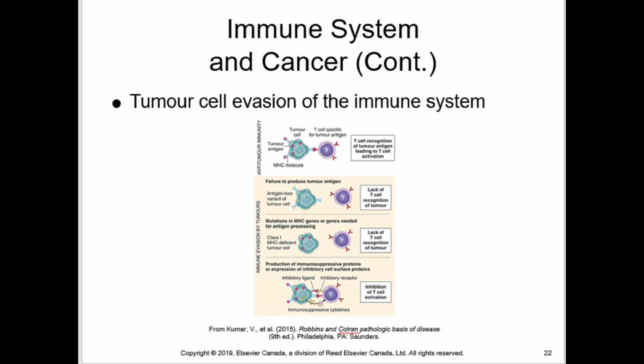You may have mutations or downregulation of that major histocompatibility class genes that are typically required for antigen processing, or you may have the production of immunosuppressive proteins or an expression of inhibitory cell surface proteins that actually are able to inhibit T cell activation.